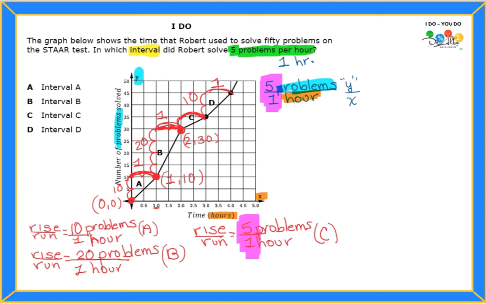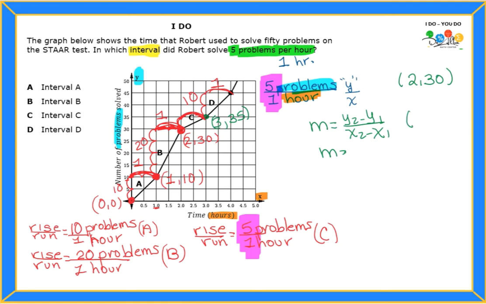But I actually want to work it out using the formula m equals y sub 2 minus y sub 1 over x sub 2 minus x sub 1. I need to choose the 2 points that are in the interval for C. So I have one, which is 2 and 30. The other point, I didn't write it down, but this one is going to be 3 and 35.